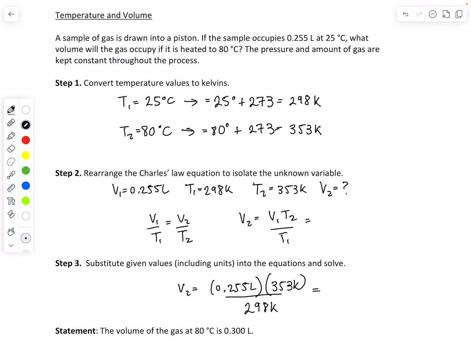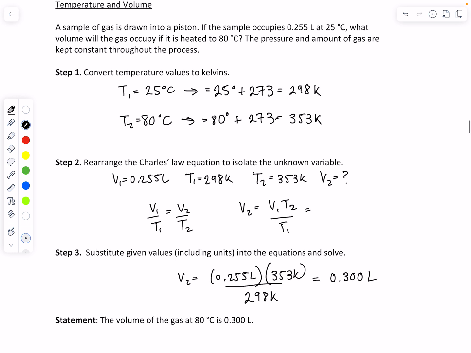If we punch this into our calculator, we end up with a volume of 0.300 liters. Therefore, the volume of gas at 80 degrees Celsius is 0.300 liters.